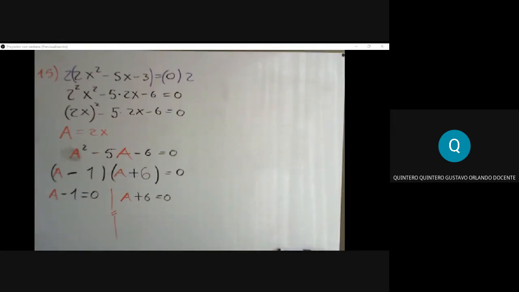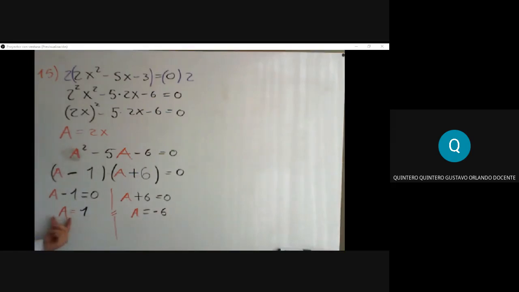Okay, but you have to remember that A is not the variable we are looking for. If we solve these right now, the solutions are going to be simple. A is going to be 1, and A, the other solution, is going to be -6.